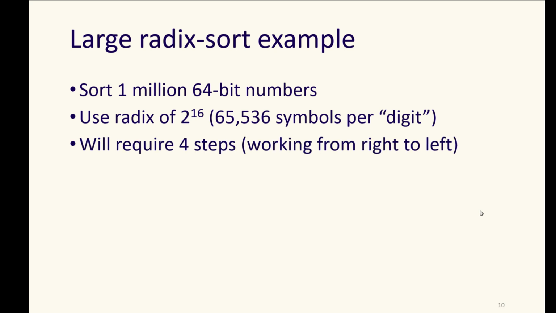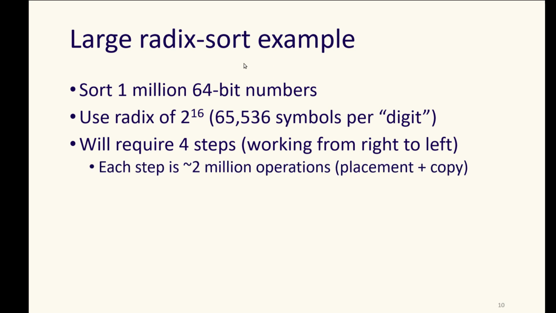That will only require 4 steps on 64-bit integers, because 64 divided by 16 is 4. So that will give us 4 steps. Our p will be 4. Each step is about 2 million operations to do the placements and the copies. The whole algorithm is about 8 million operations.